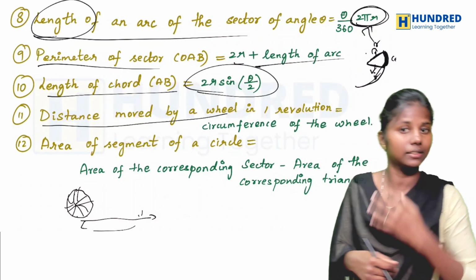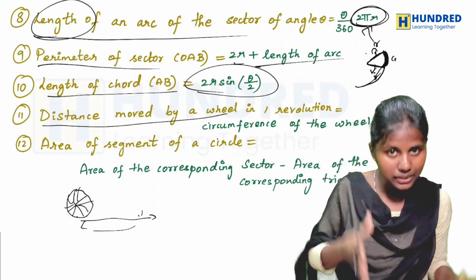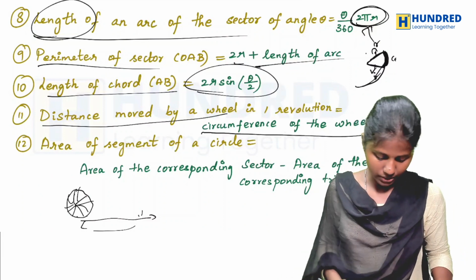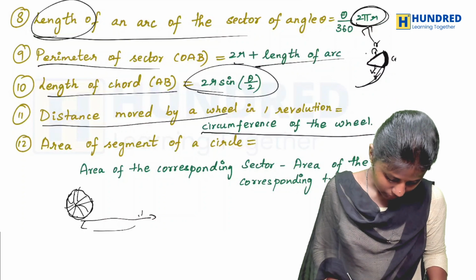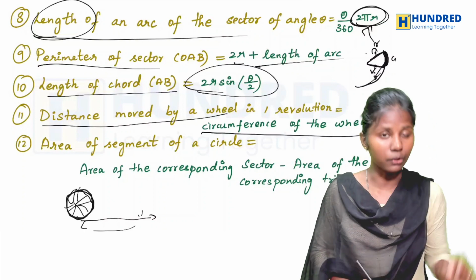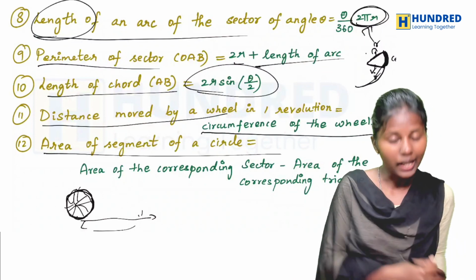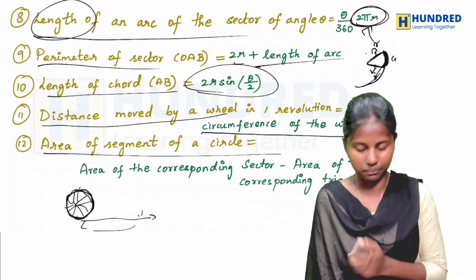If it is rotated by 360 degrees, the distance covered by this wheel will be equal to the circumference of this wheel, the length of this outer cover of the wheel.